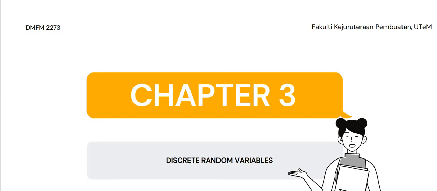So before we go deep into the subtopic for this chapter, I just want to mention that chapter 3's content, or the subtopics, you already learned before in the probability chapter, which is chapter 2, and also a little bit in chapter 1.